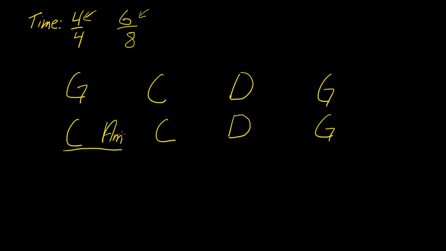Now, most songs would only get to this complexity. It wouldn't really get much more complex than this, but sometimes you will find a song here and there that won't have an even number of beats for the chord changes. If that were to happen, this is how you would write it.